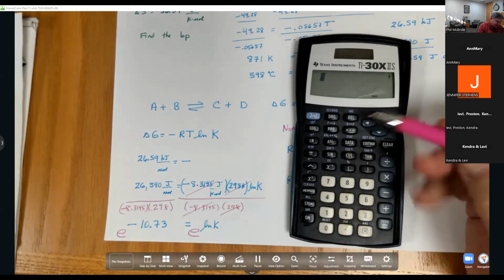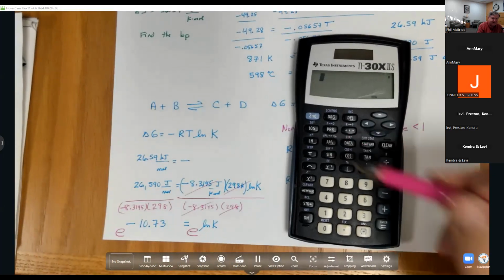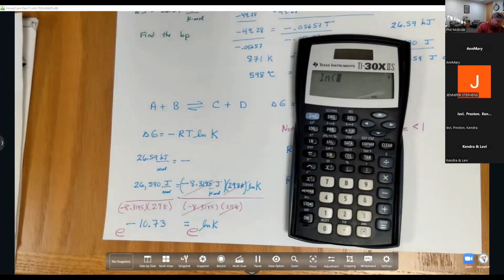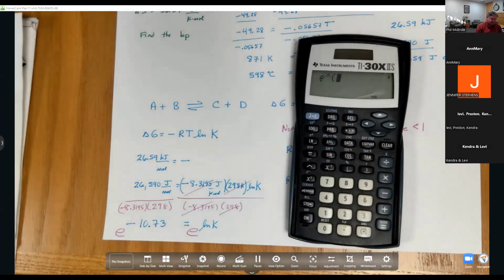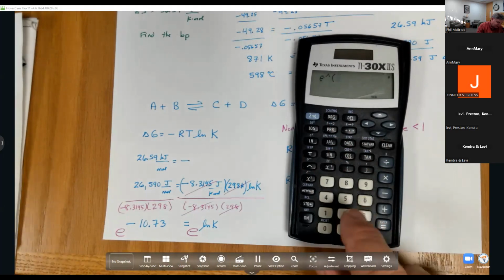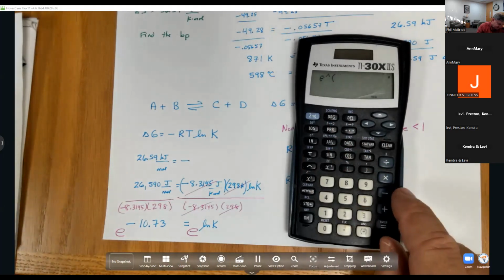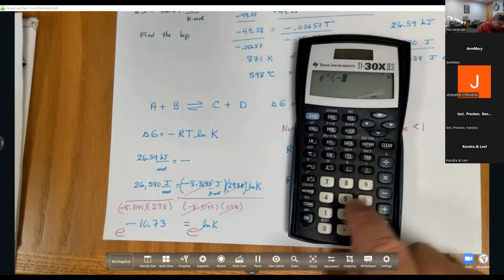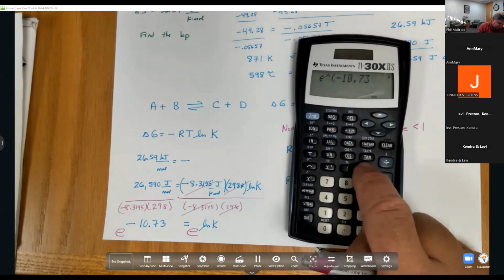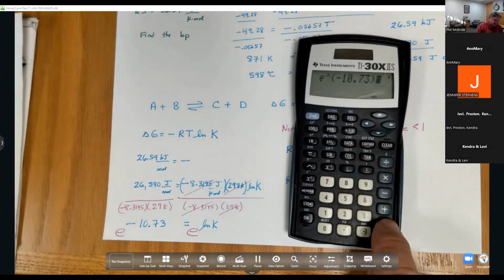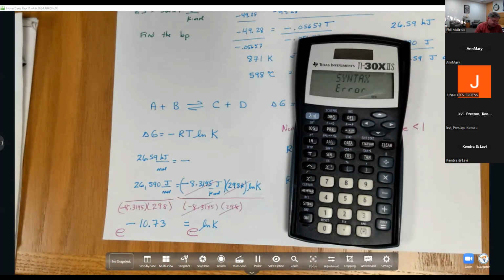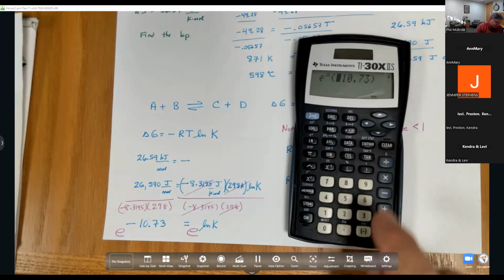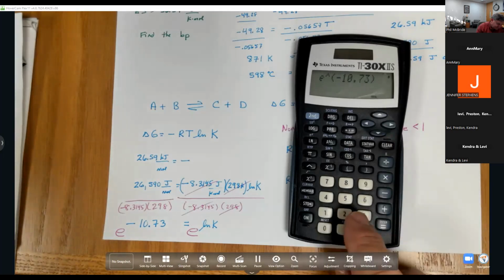So I'm going to take e to the x, which is right above my natural log. Whoops, I have to use second function. So e to the negative 10.73 gives me an error.